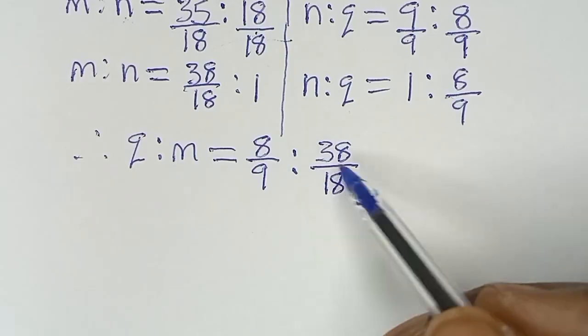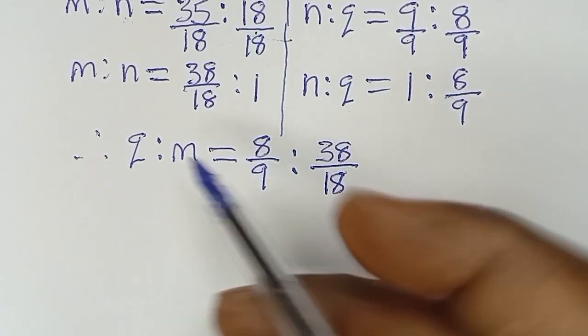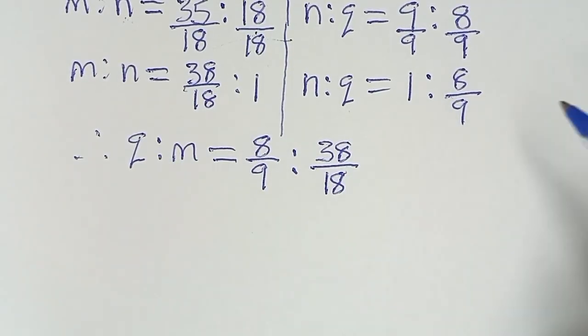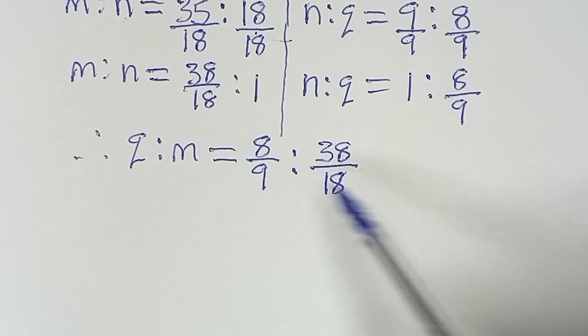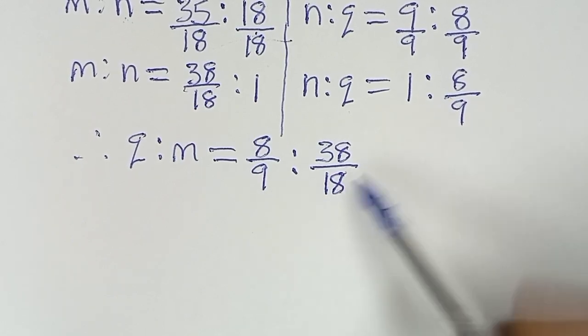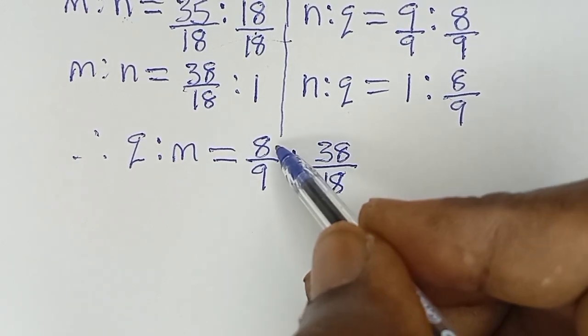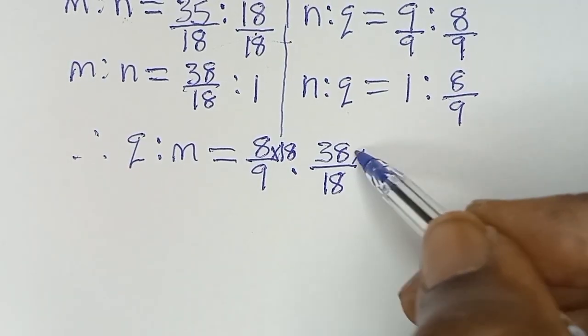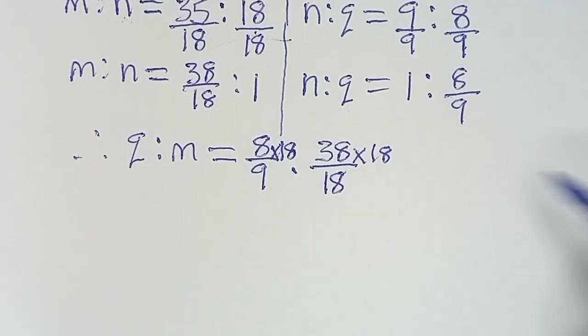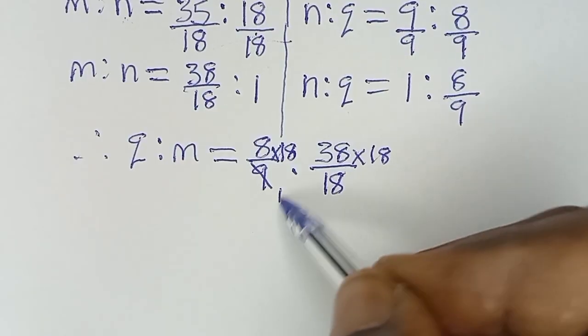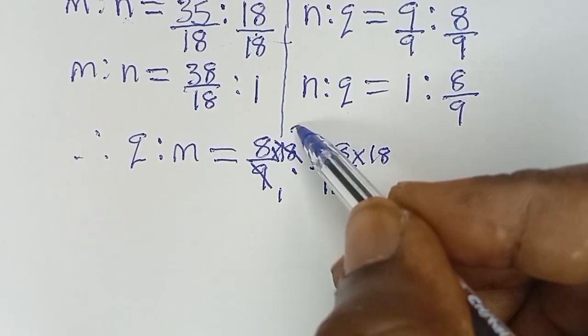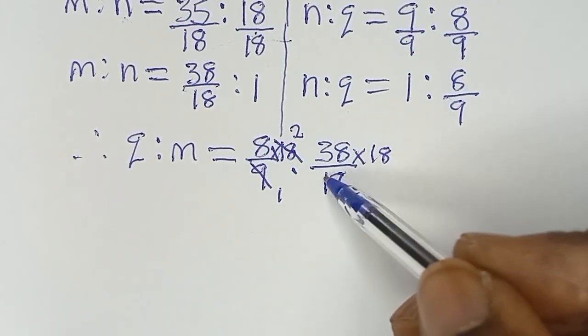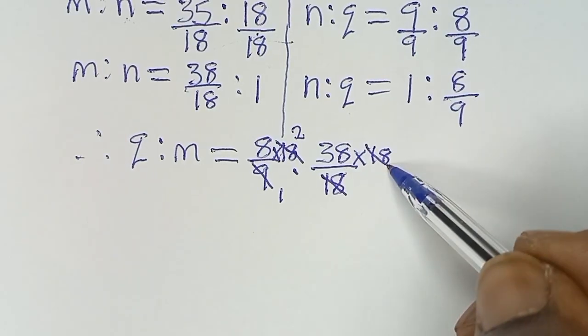So I now have my ratio q is to m, but I need to make them whole numbers. I don't like the way they are fractions like this. So as usual, I look for the LCM of 9 and 18, which is simply 18. So I multiply this part by 18 and also this part by 18. 9 here is 1 and 9 in 18 is 2, and then 18 will cancel 18.